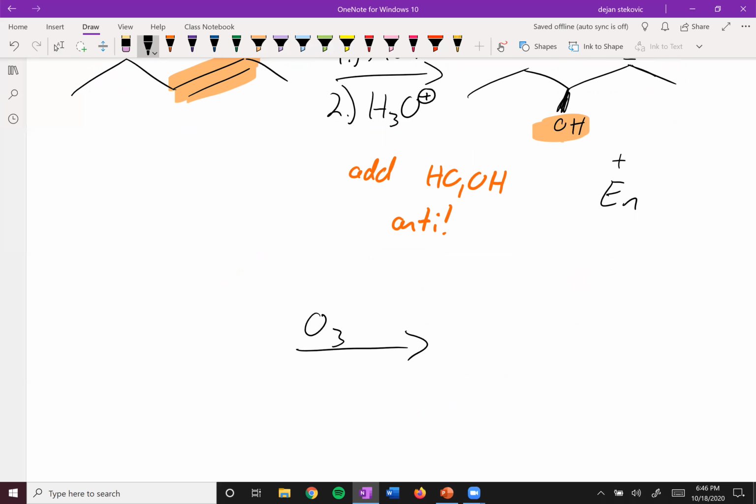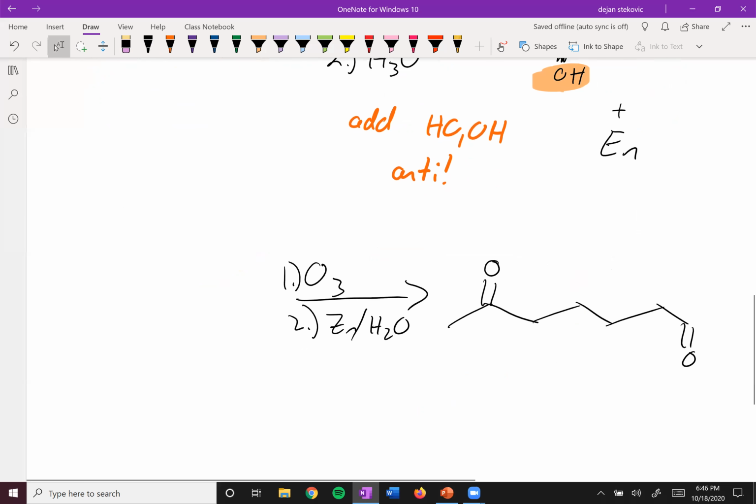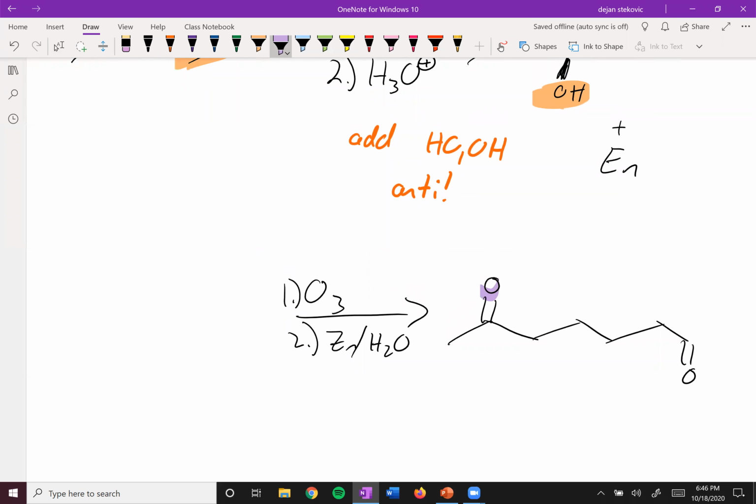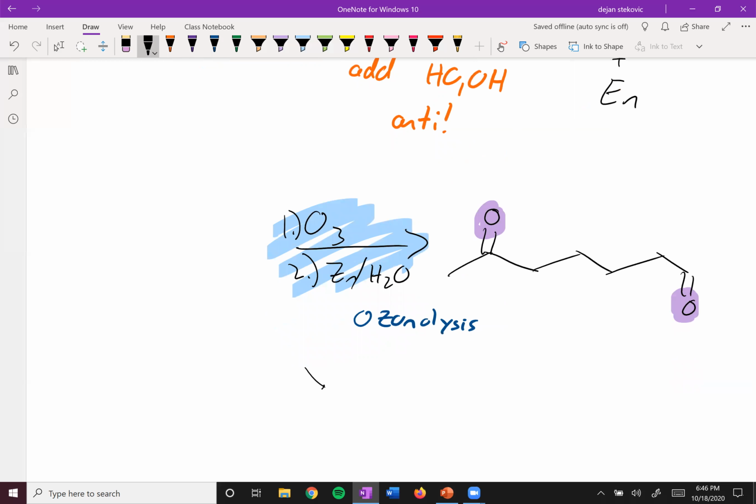Another type of problem I could give you is to give you the reagents and give you the products, and then ask you what the substrate is, right? And so you want to identify what's going on here. So we're seeing some aldehydes and ketones, and we're seeing O3. So we're thinking that this is going to go through some kind of ozonolysis. And if we think about what happens in an ozonolysis, right, we start off with some kind of alkene, and then we end up with carbonyls, ketones or aldehydes.